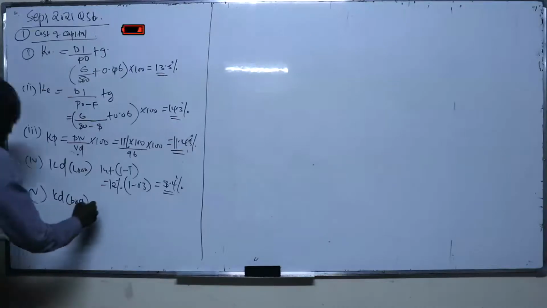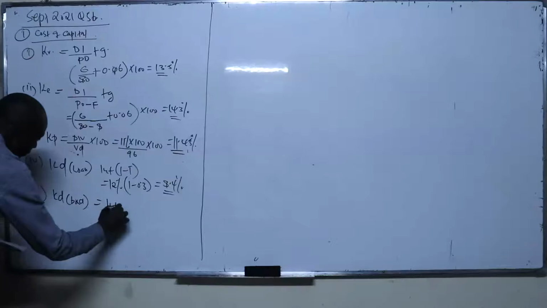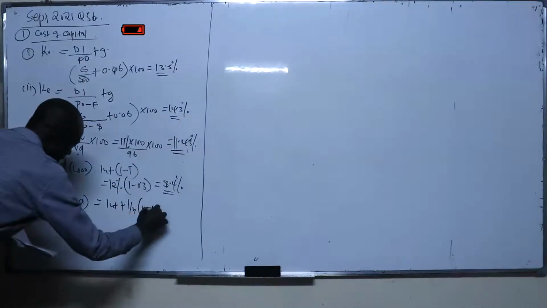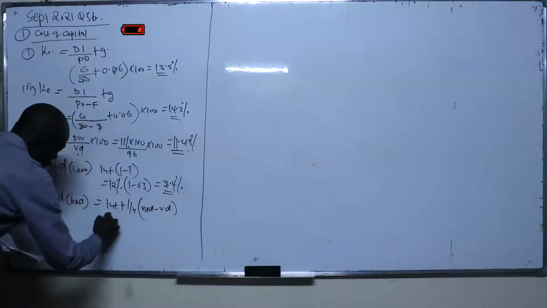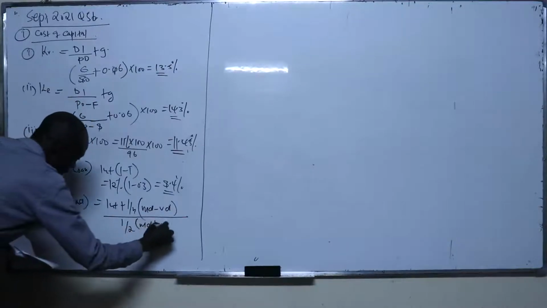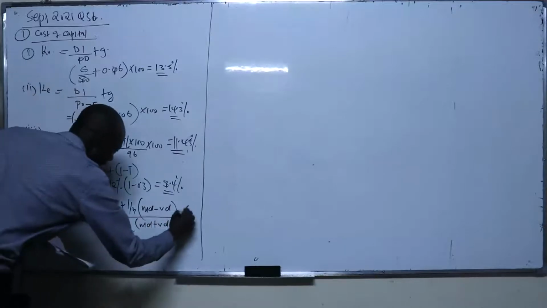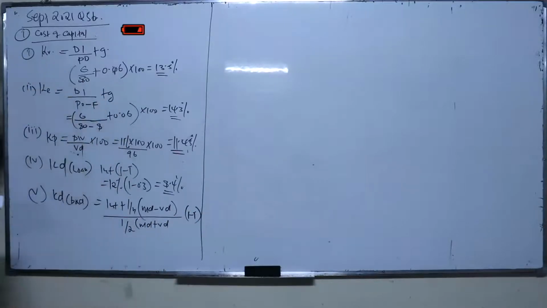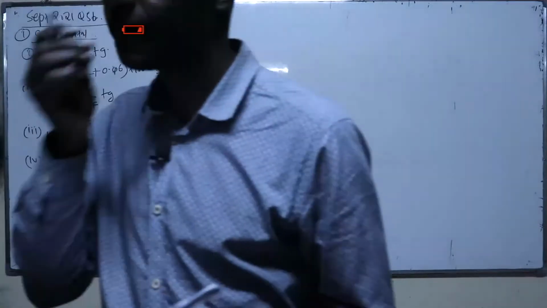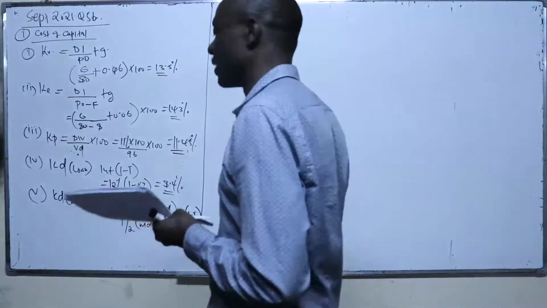So we write the formula, which is interest plus 1 over n in bracket MD minus VD over a half MD plus VD, then 1 minus T. That is the formula. The redeemable, you check the maturity period of 10 years, not number 8. Once you see the maturity period, then it is redeemable.